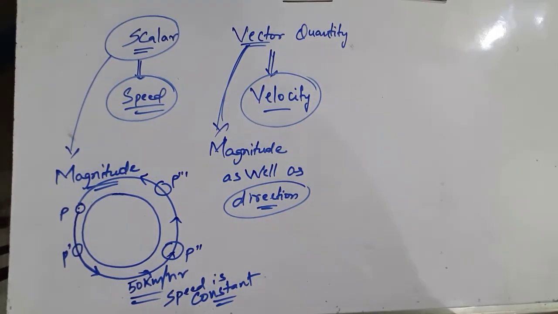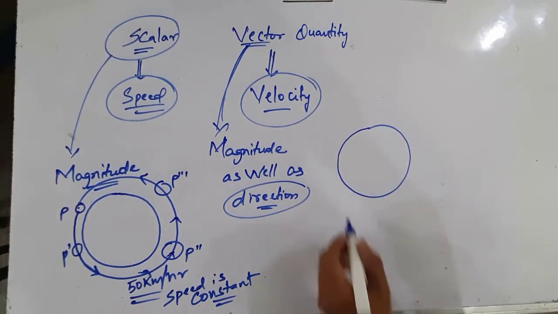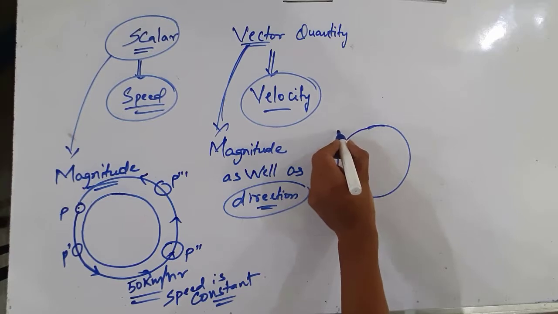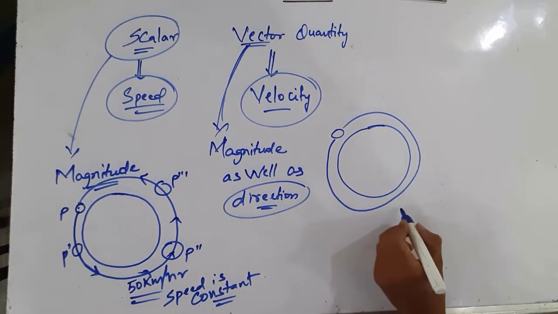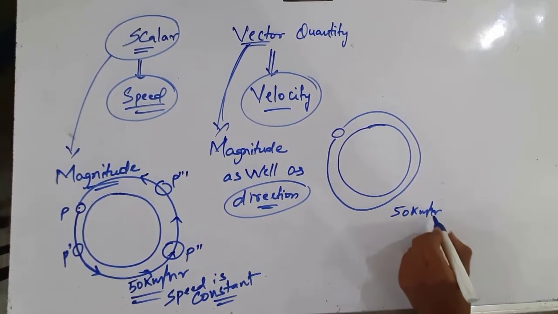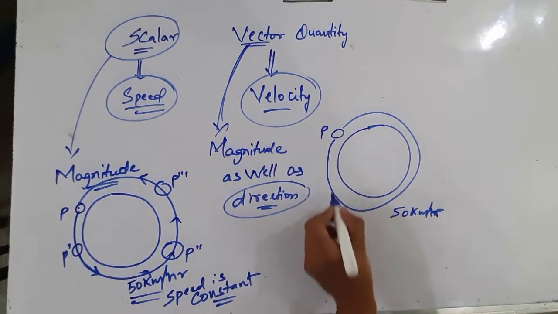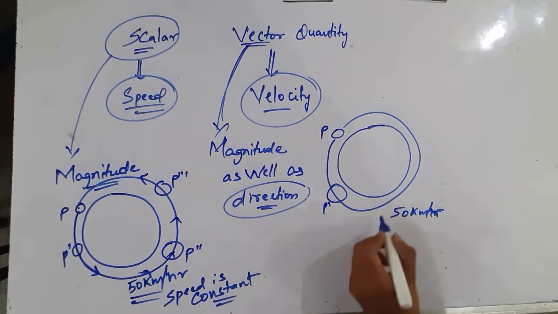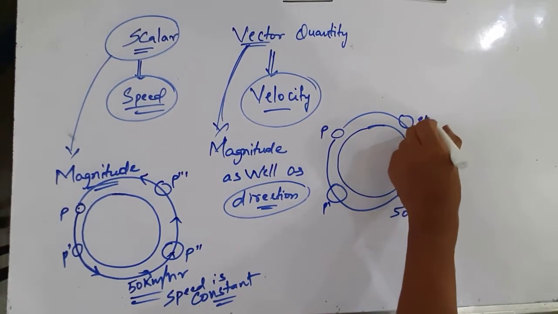But if we talk about velocity, suppose there is another circular path and a body is moving with a speed of again 50 km per hour. The body is at position P, comes to position P dash, then P double dash, then P triple dash.